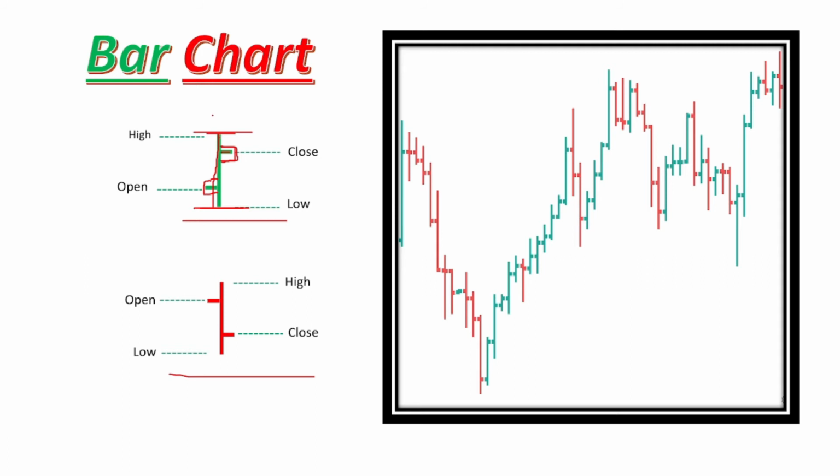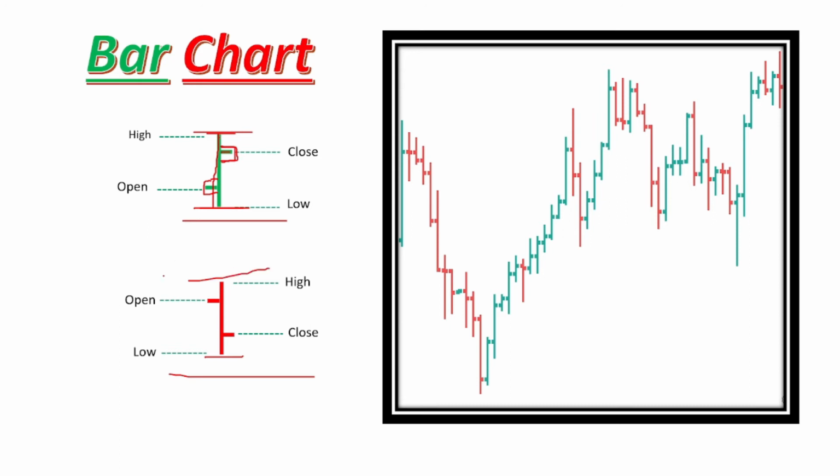So whenever we see a green bar on the chart, the left side tip indicates the open price and the right side tip indicates the close price. The top of the bar indicates the high of the day, and the bottom of the bar indicates the low of the day, provided I'm analyzing the charts on a 1 day time frame. Now let us try to understand the red bar, which is a bearish one.